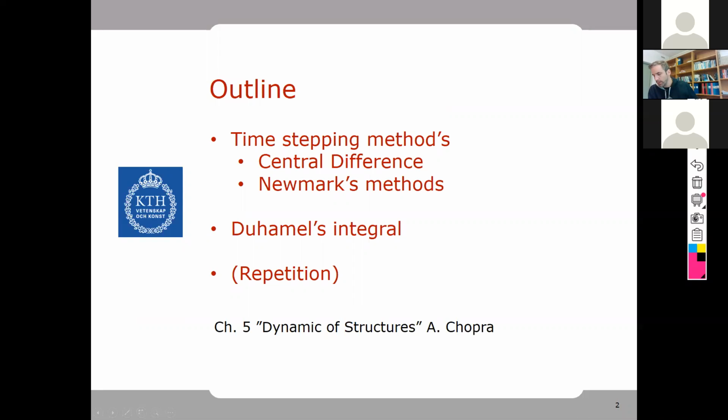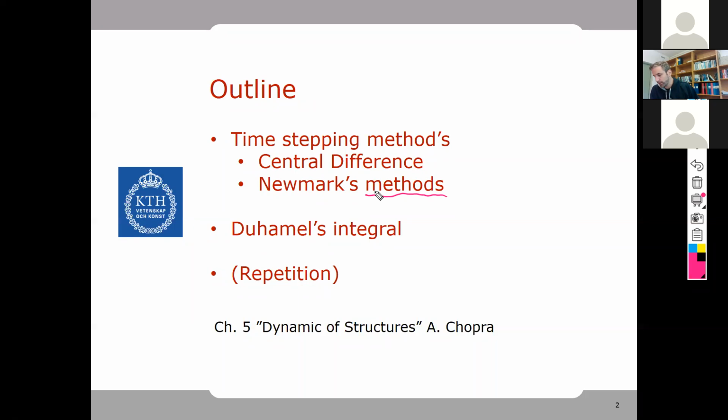Okay, and I'm going to take you through two different methods for the calculation of the dynamic response of a structure. One called the central difference method, and another called Newmark's method. As you can see, it says Newmark's methods in plural, and that is because Newmark is really a family of methods and not only one method.